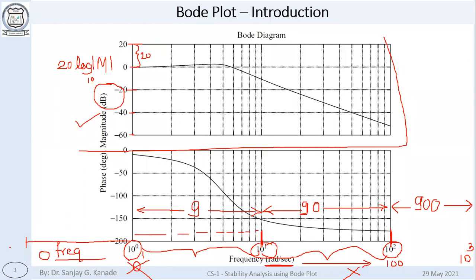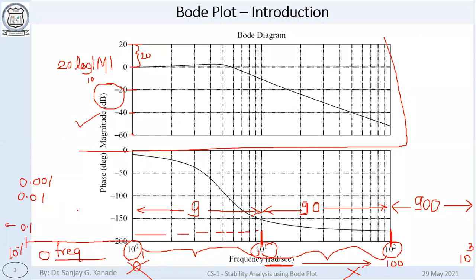So here 10 raised to minus 1, what is that value? It is 0.1. If you go further towards the left side, it will be 0.01, 0.001. So you are going to get very small frequencies, but mathematically you are never going to get a zero frequency because there is no value of x which will make 10 raised to x equal to 0.